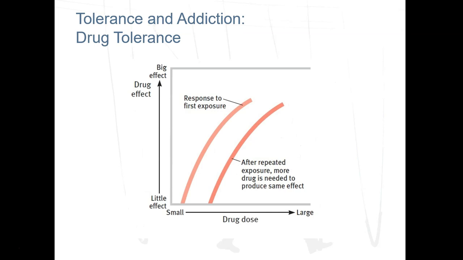This graph illustrates tolerance. The first time a person takes it, they need only a small amount of the drug to experience its effects. But as time goes on, they have to increase the doses in order to get the same effect as the initial exposure.